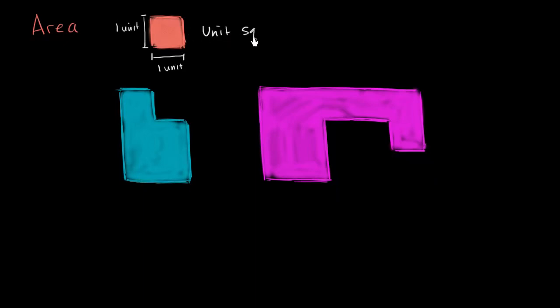A unit square. And so one way to measure the area of these figures is to figure out how many unit squares I could cover this thing with without overlapping and while staying in the boundaries. So let's try to do that. Let's try to cover each of these with unit squares, and essentially we'll have a measure of area.